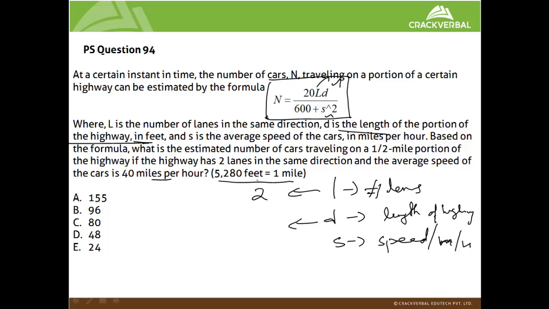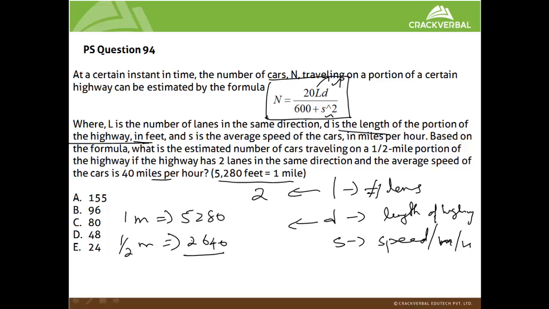Remember that GMAT always will give you the conversion like this, except for some basic conversions like dollars to cents or minutes to hours. Otherwise they will let you know in the question, so all you need to do is convert it. 1 mile is equal to 5280 feet, so half a mile is half of it, which is 2640.